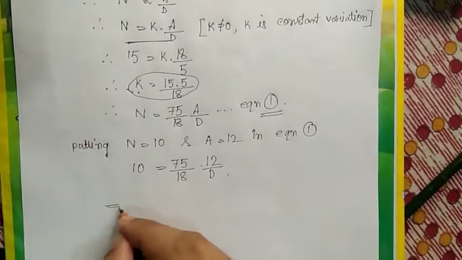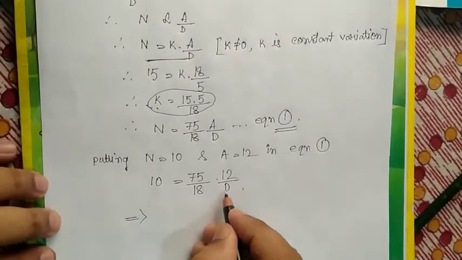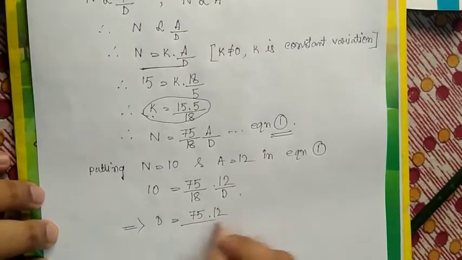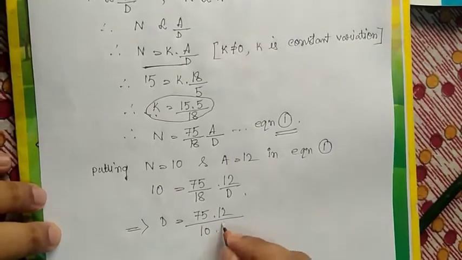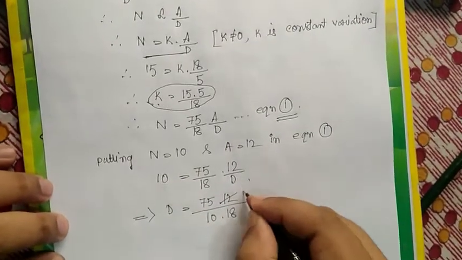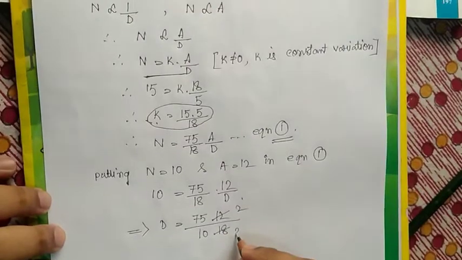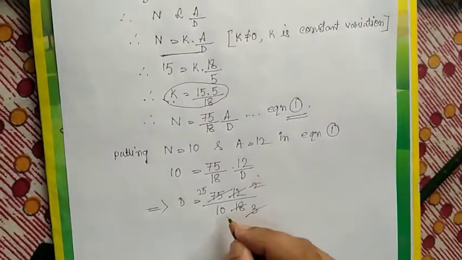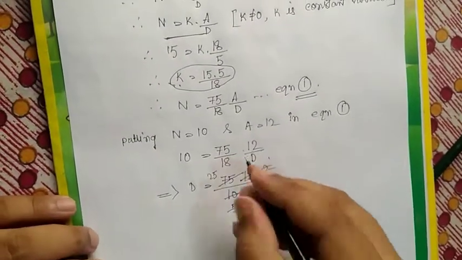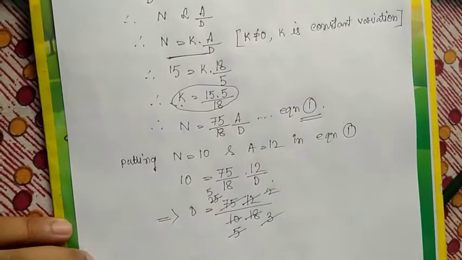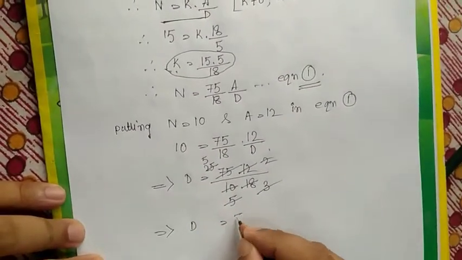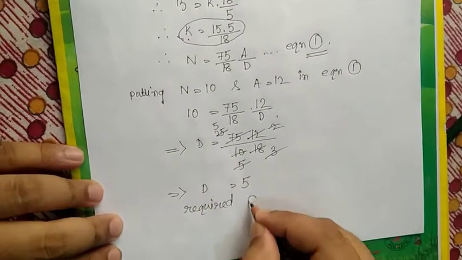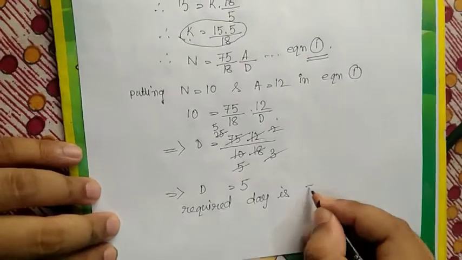So therefore, cross multiplying, d equals 75 into 12 by 10 into 18. Cancelling: 75 by 25 is 3, 2 tens are 5, 25s are 5. So therefore the required day is 5.